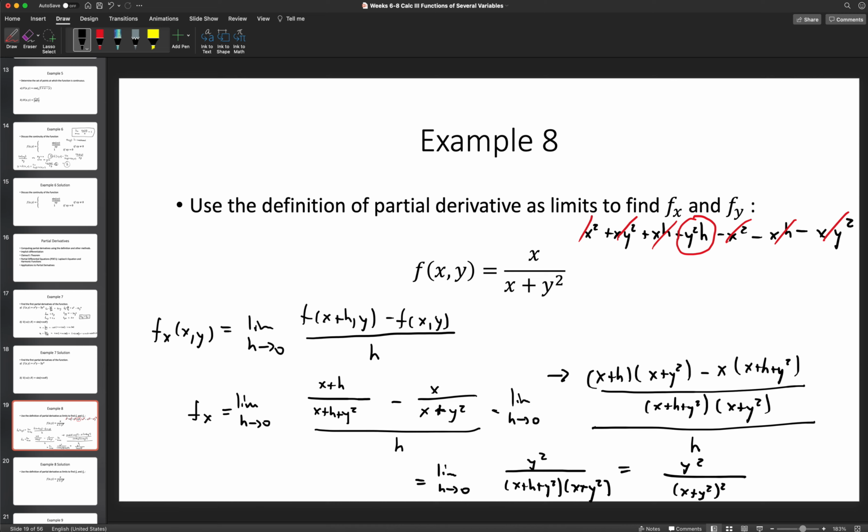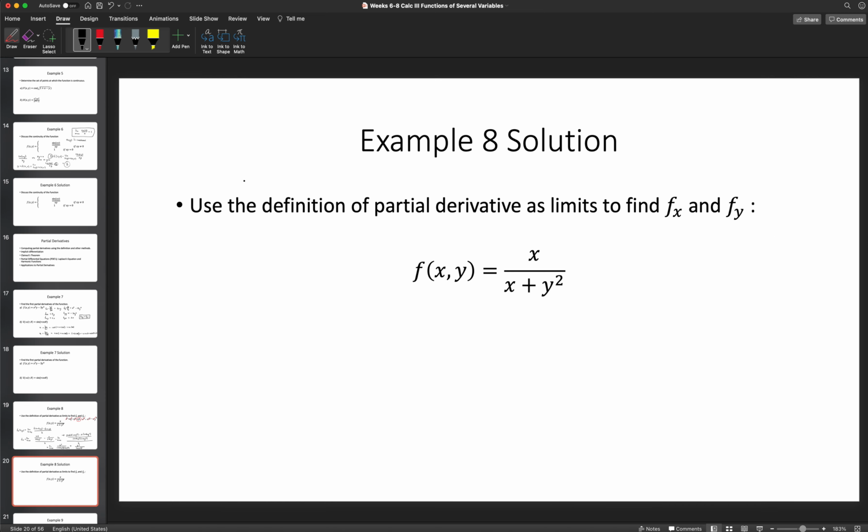So let's compute the f sub y, this first partial with respect to y of the same problem, and it's very similar. The definition is slightly different, but it's very similar to what we have going on in the last.